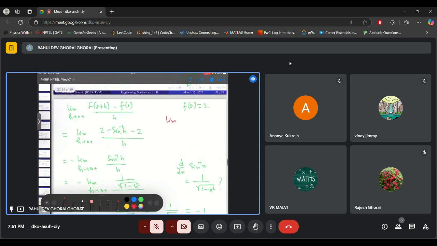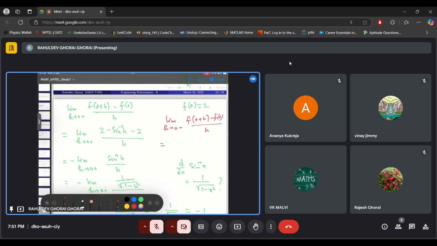So I'll use some different color. Limit now h tends to 0 minus, the same fraction I will take for 0 minus. So f of 0 plus h minus f of 0 over h, right?